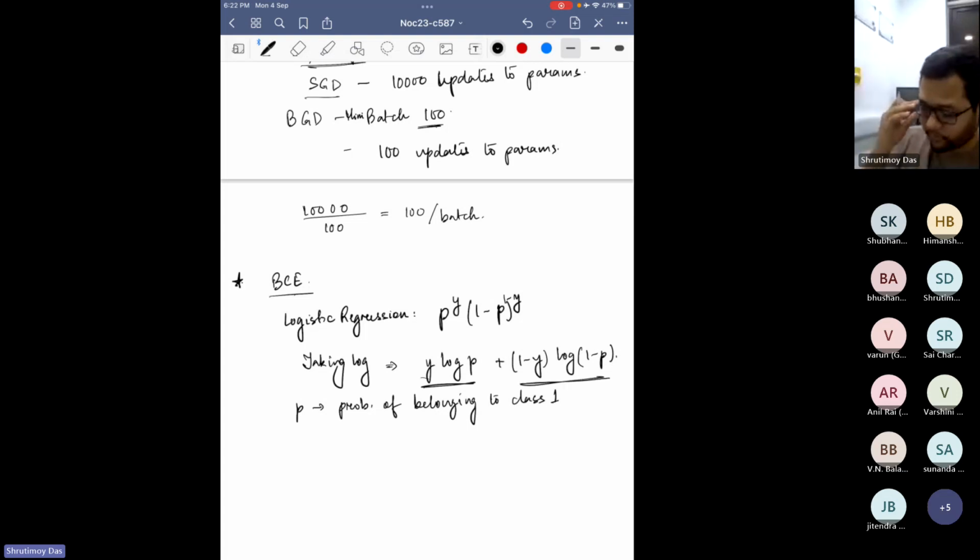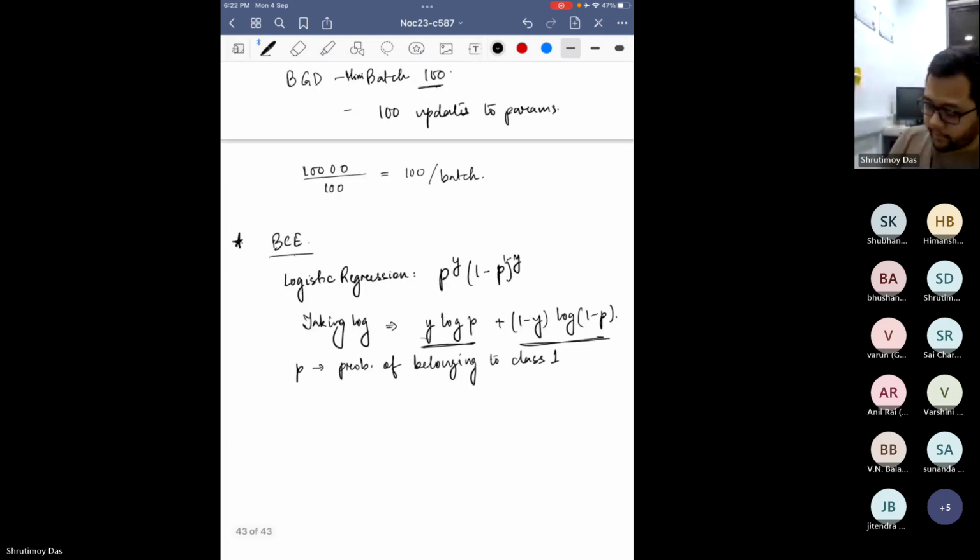So this is called a binary cross entropy loss, because suppose your probability of belonging to class 1 is high, but your actual target label is class 0, then it will try to minimize this. So your objective was to minimize this cross entropy loss.